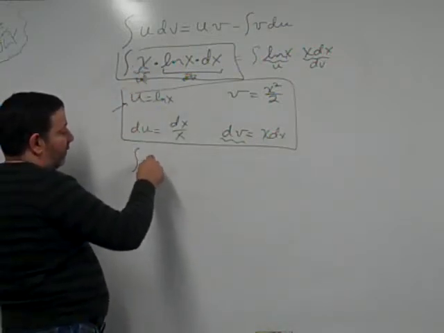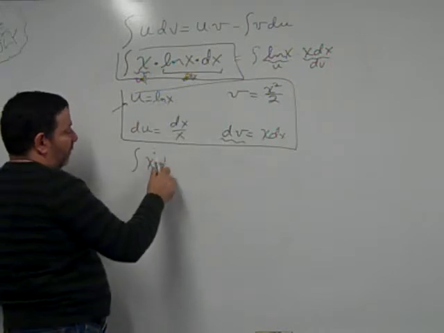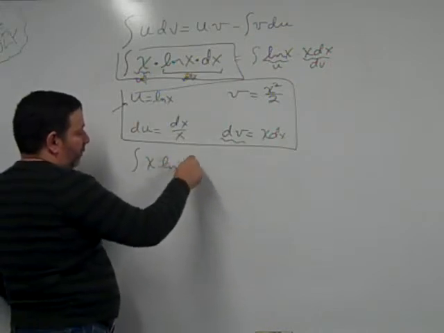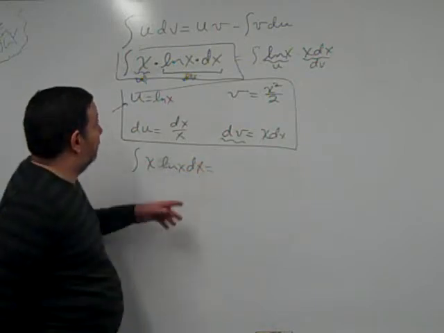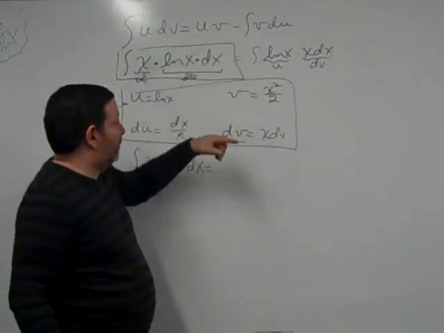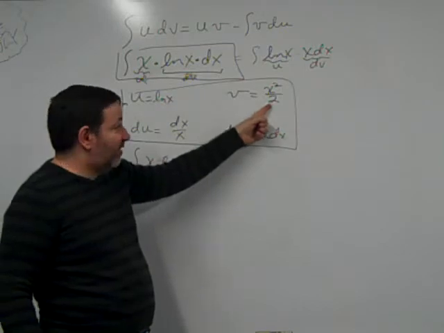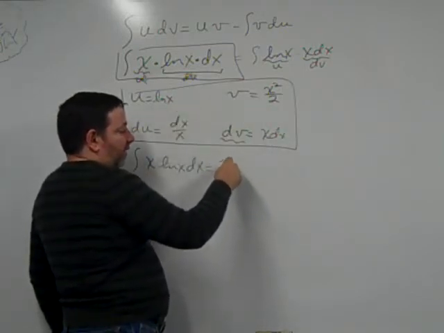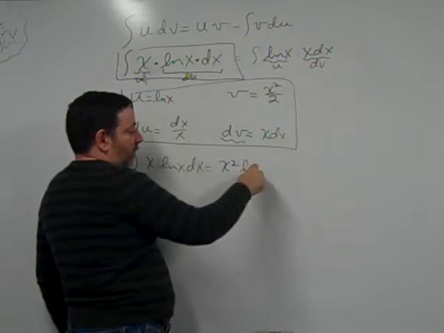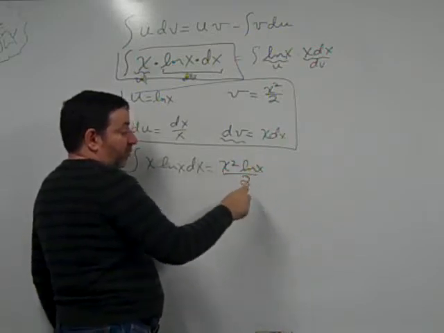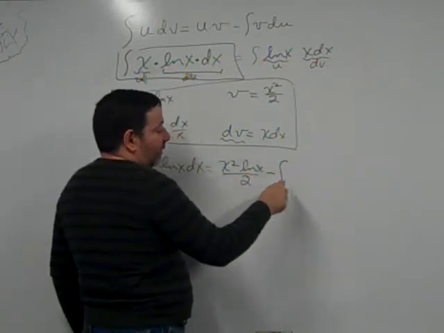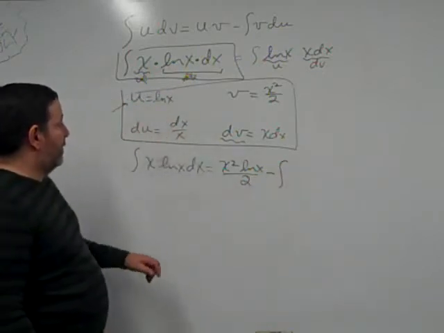So the integral of x times ln of x times dx is equal to u times v, ln of x times that. I'll write v times u though. It's x squared ln of x over 2, minus the integral of v du.